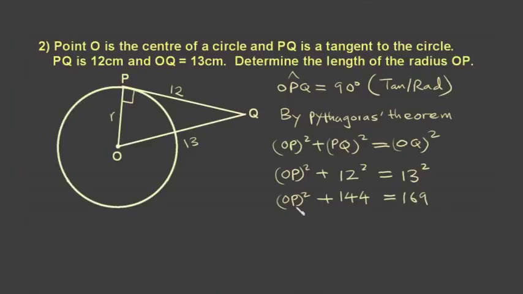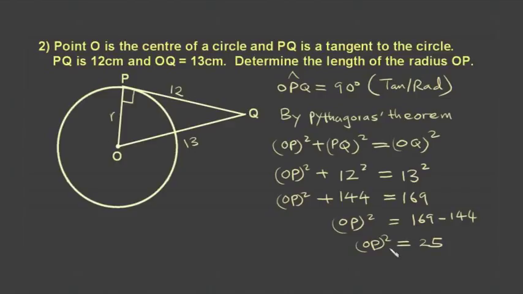Then to get OP squared on this side, I'm going to subtract 144 from both sides of the equation. Then I'm going to have OP squared equals 169 minus 144. Then OP squared is going to be equal to 25.